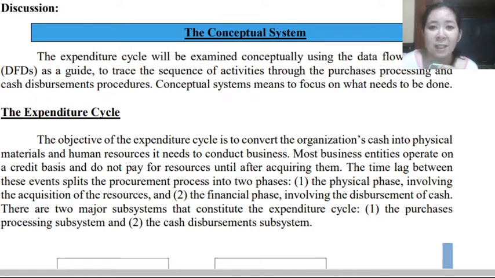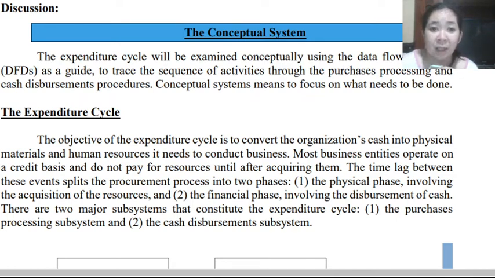Most business entities operate on a credit basis, and they do not pay for resources until after they acquire them. So basically, there is a time lag between these events, and they are split, in the procurement process, into two phases.